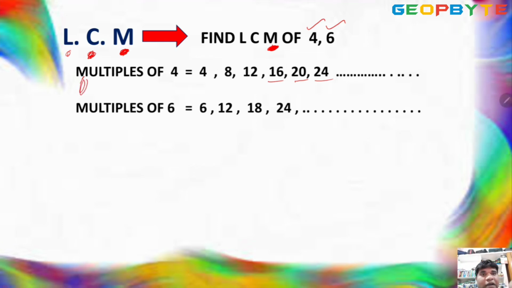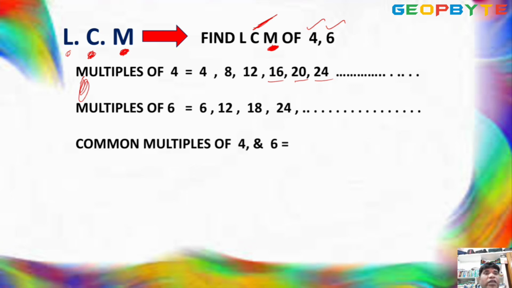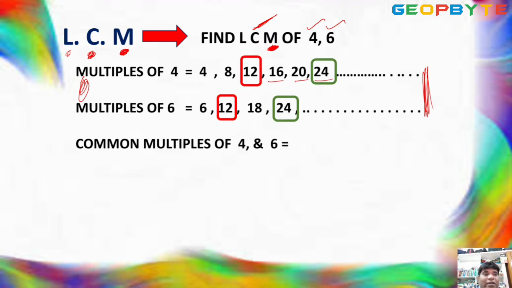Okay? M completed. Next, what is the letter C? Common multiple. Common multiples of 4 and 6: in the first and second lists, what are the common multiples? Observe the point: 12 and 24 are common multiples.